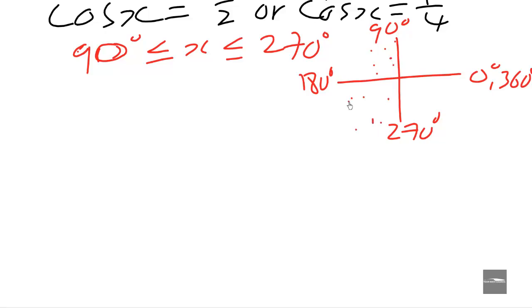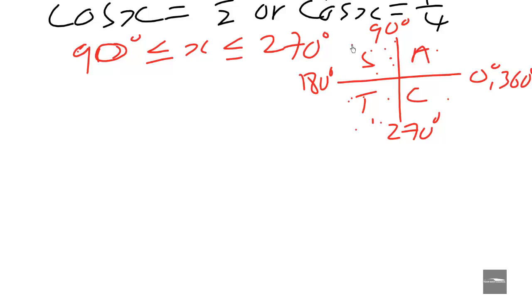Recall this mnemonic CAST, meaning that cos is positive in the fourth quadrant here and in the first quadrant, and it is negative in the second and third quadrant.